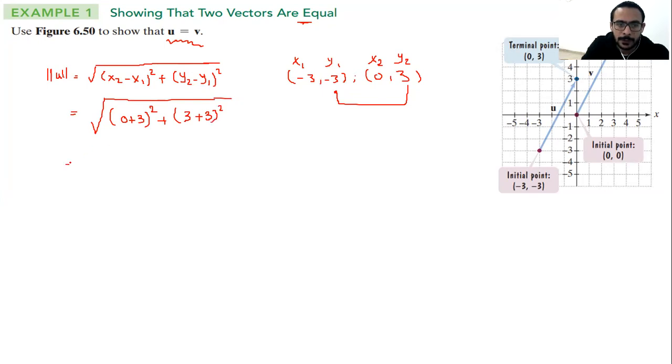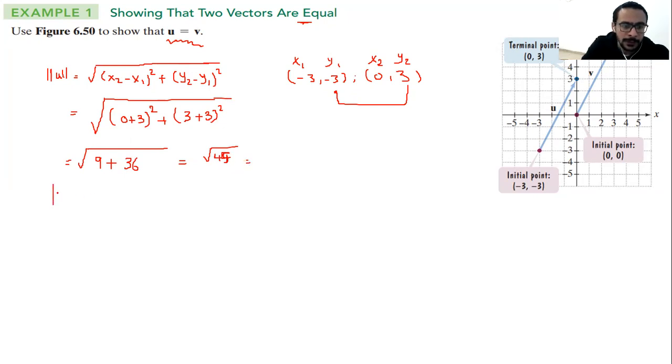The square root of 9 plus 36, so the answer is radical 45, and you can simplify it.